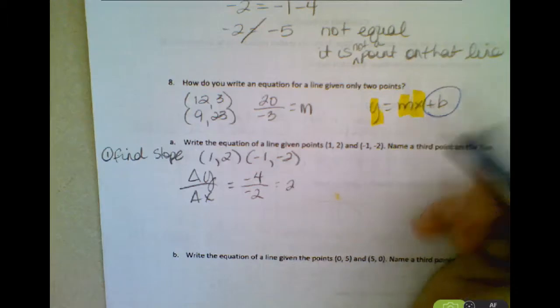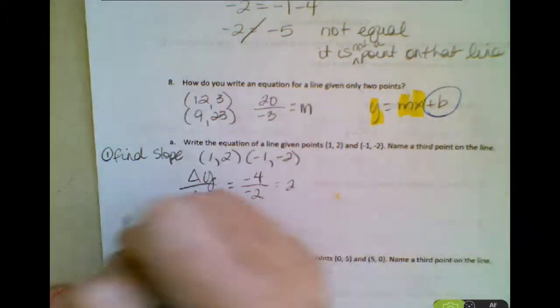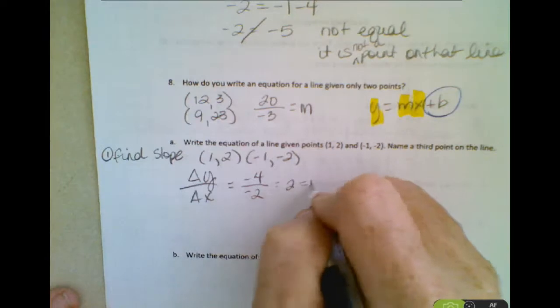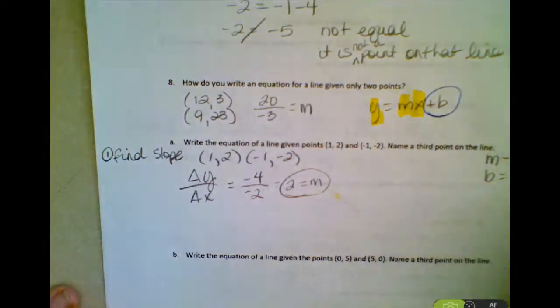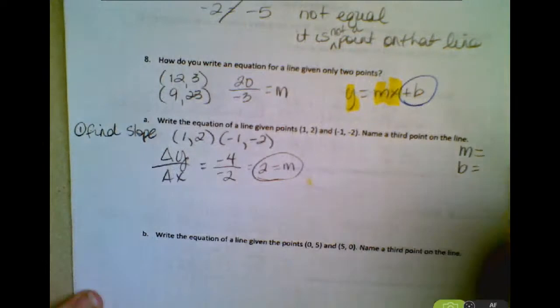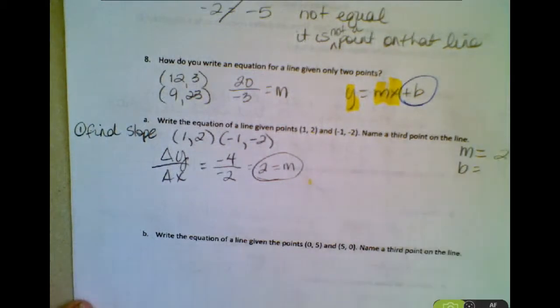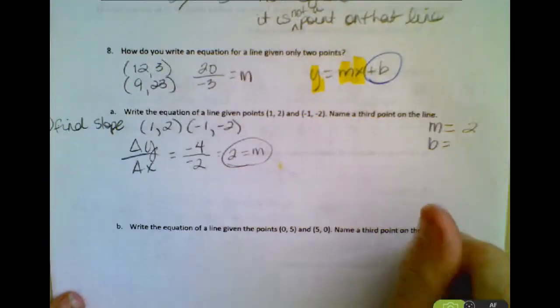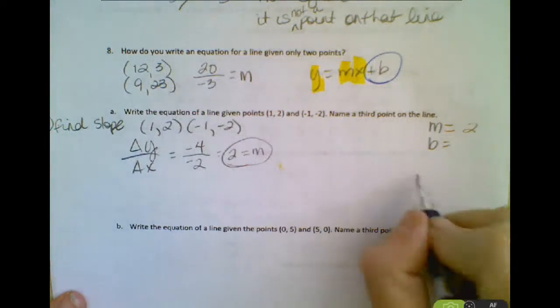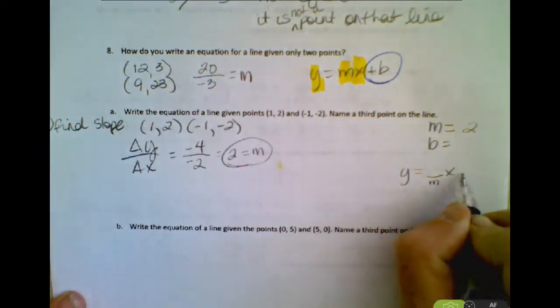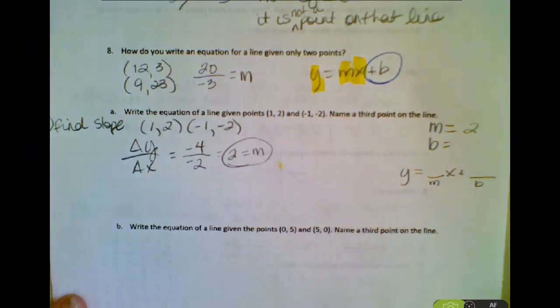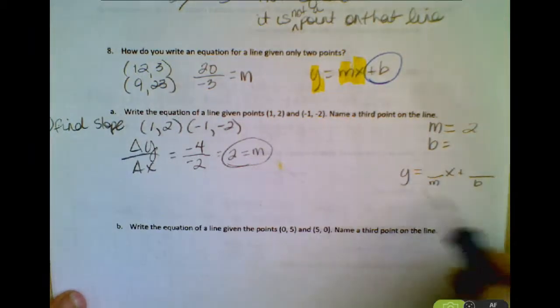Those are the numbers that are always changing, the m and the b. So we have an m, we have a slope, and we need a y-intercept. Those are the two things that you need. Now we just have to find b. If we can find b, then we can write y equals mx plus whatever our b value is. That's our goal.